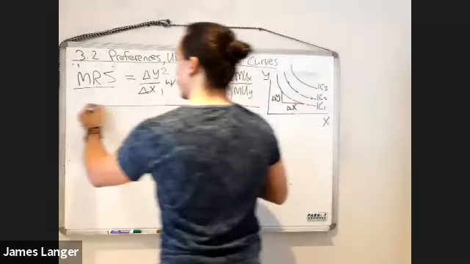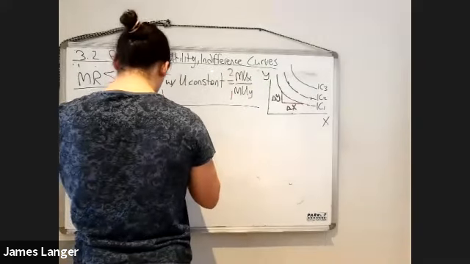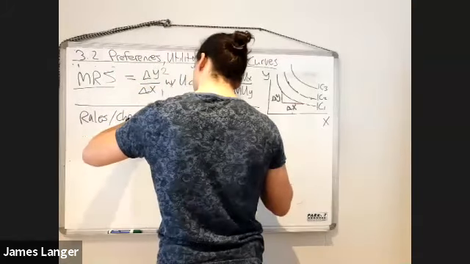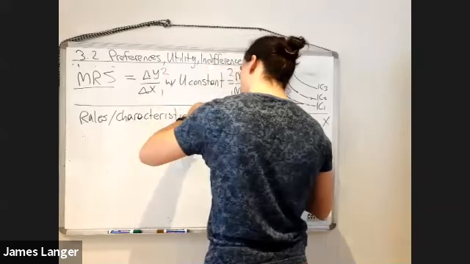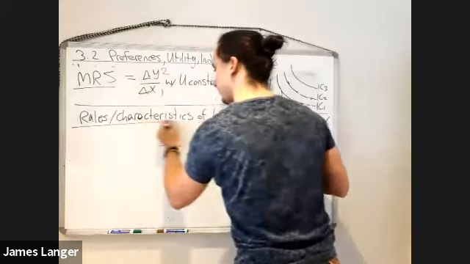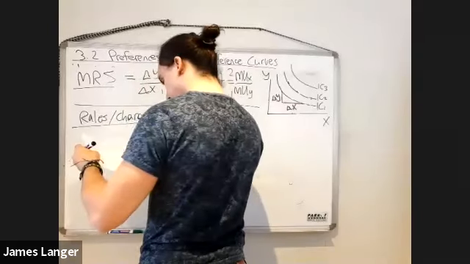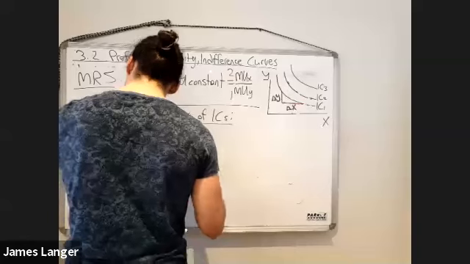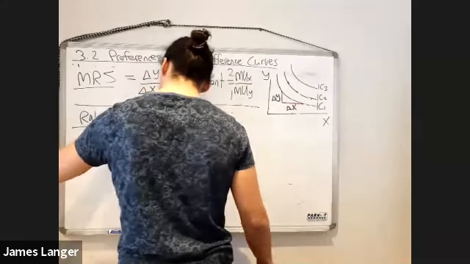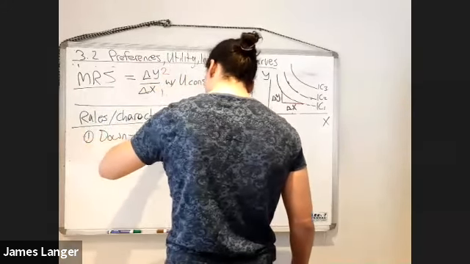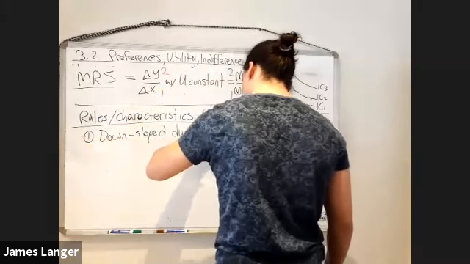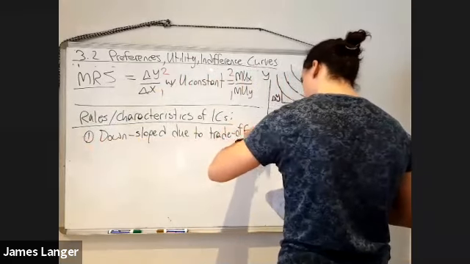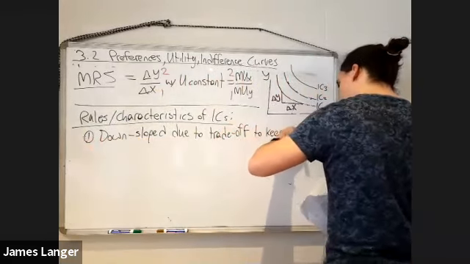So the rules for indifference curves and characteristics of indifference curves. The first one is that they are downsloped due to the trade-off to keep U constant.